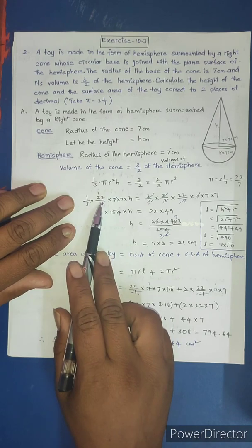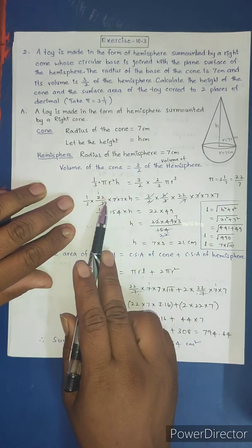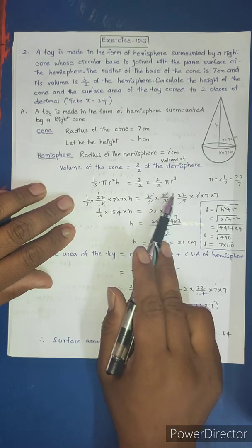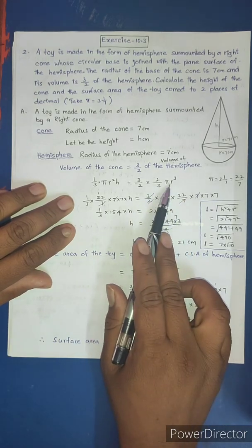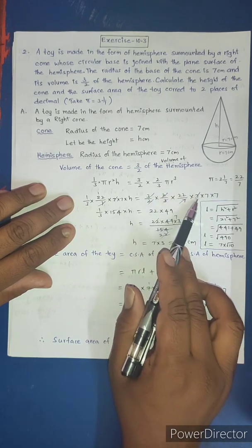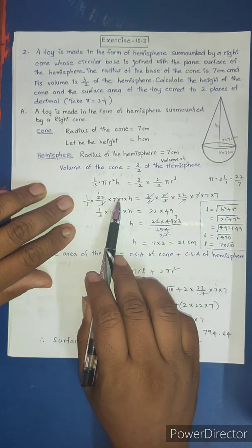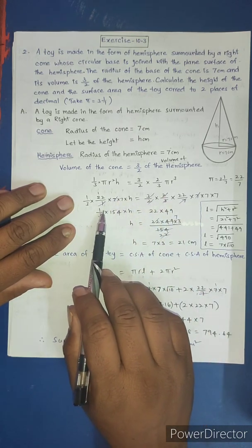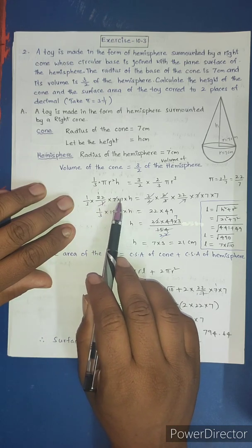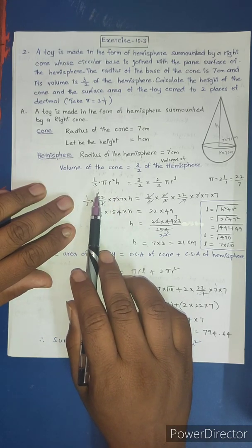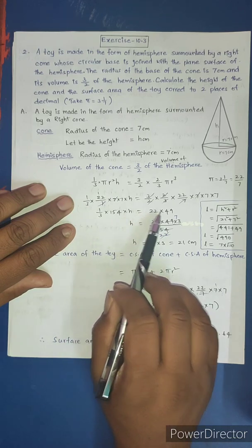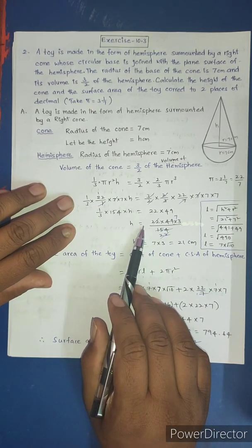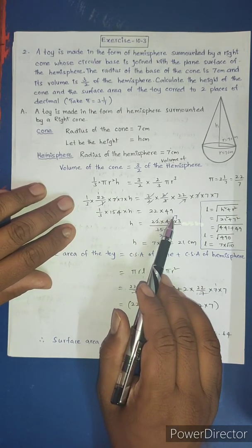Now 1/3 pi value 22 by 7, r value 7 into 7 into h is equal to 3 by 2 into 2 by 3 into pi value 22 by 7 into r cubed, 7 7 7. So 7 7 cancel, 3 3 and 2 2 cancel, 7 7 cancel. 1 by 3 into 22, 7 2s are 14, 7 2s are 14, and 154 into h is equal to this side remaining 22 into 7 7s are 49. H is equal to 22 into 49 on the right hand side.